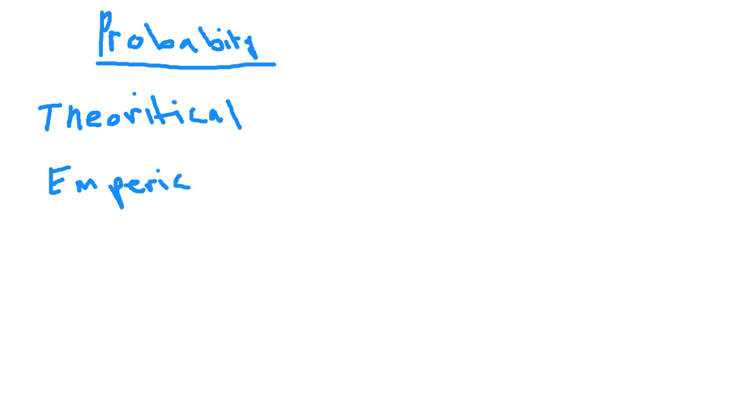Okay, so the difference between these two is that one of them is kind of like what we know from the item that we're talking about. So for example, if I tell you that we have a coin, then what do we know about this coin?